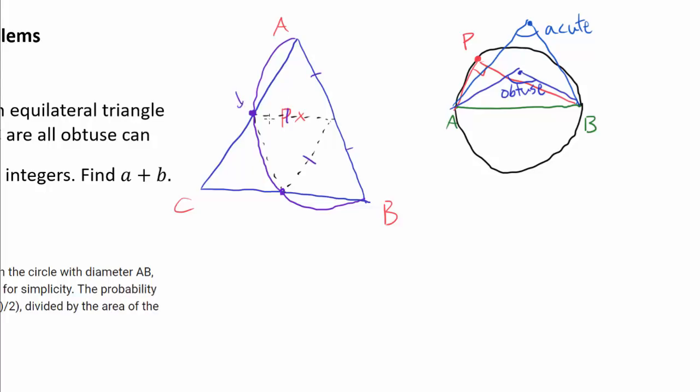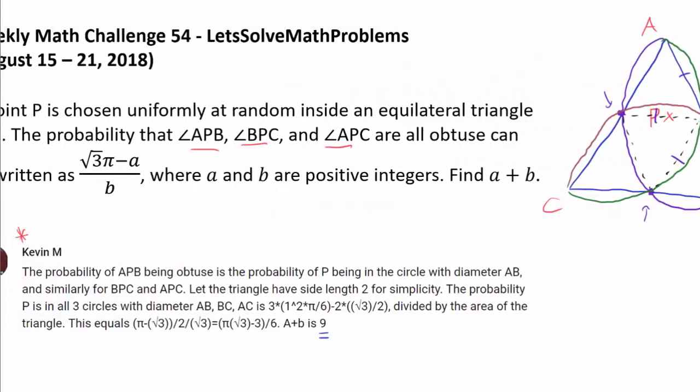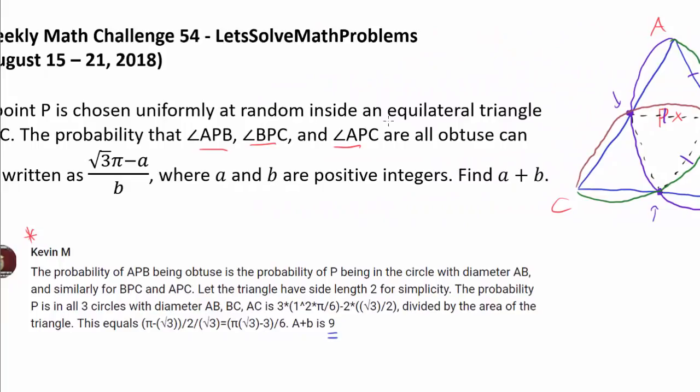Using the same reasoning, our point P has to be inside this circle passing through the midpoint, and finally our point has to be inside the circle with diameter BC, so the one that should go something like this.